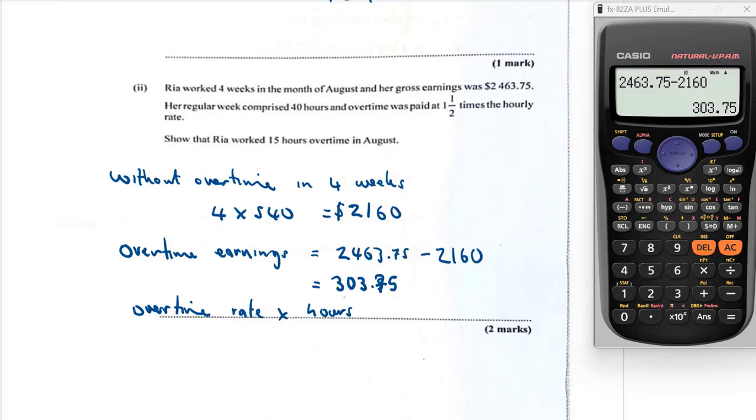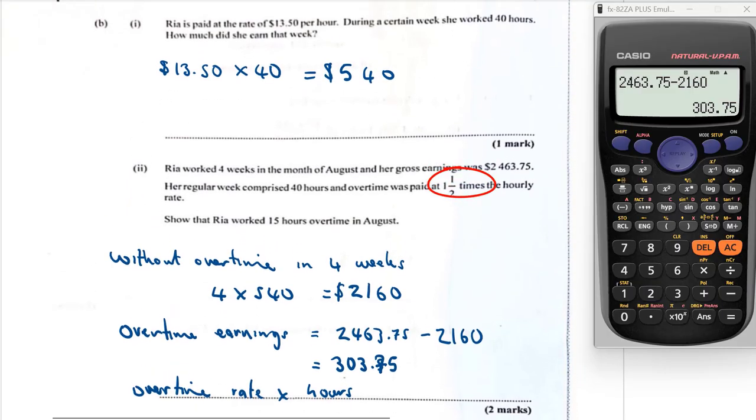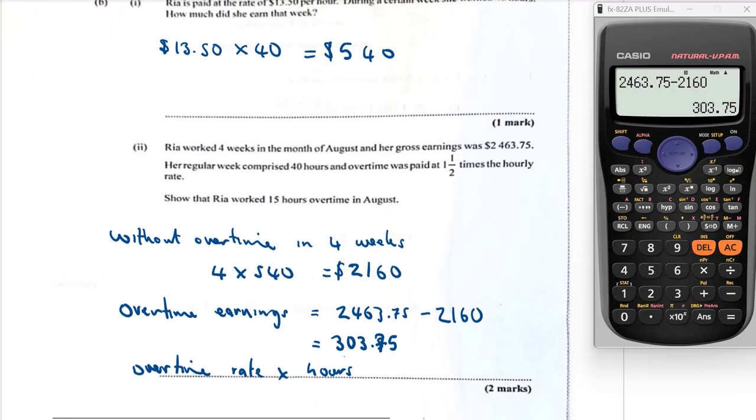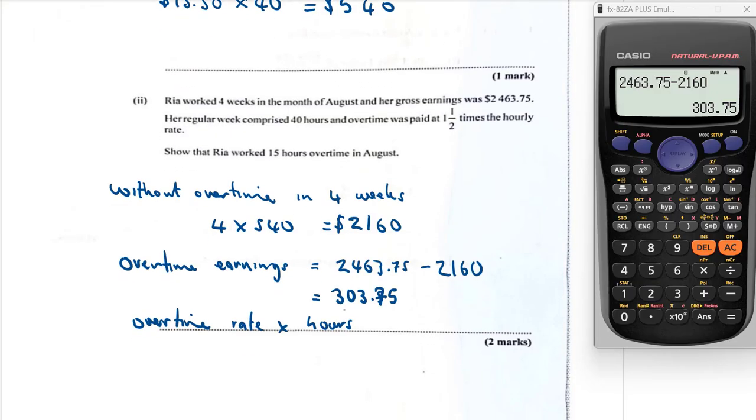They are saying that the overtime rate is 1.50 times her usual rate. So what is her usual rate? Let's go back to the top part of the question. Her usual rate is $13.50. So the overtime rate is going to be 1.5 times 13.5, which is equal to 20.25.